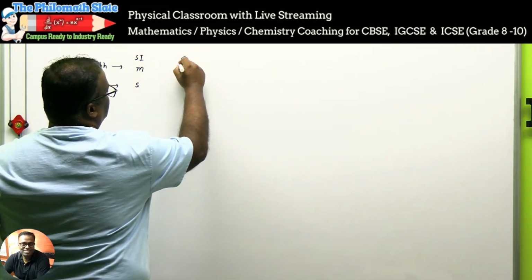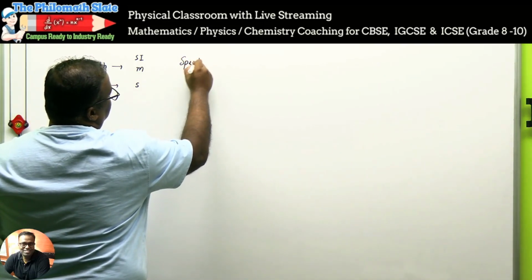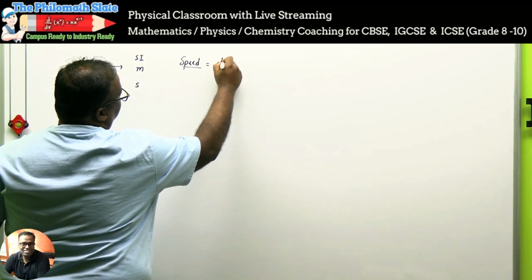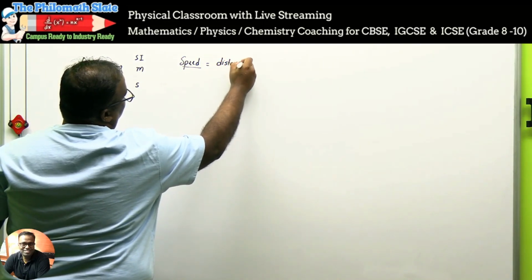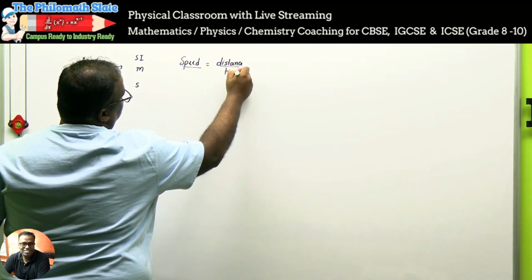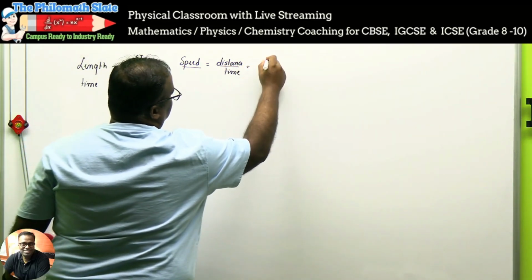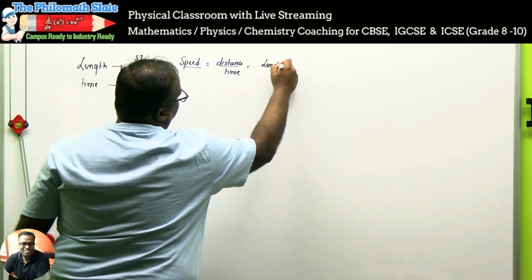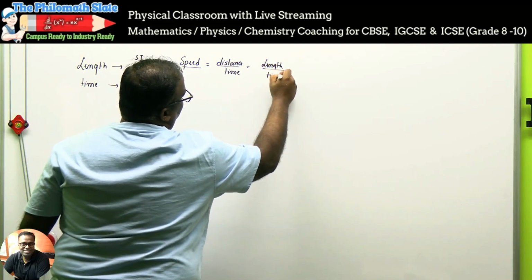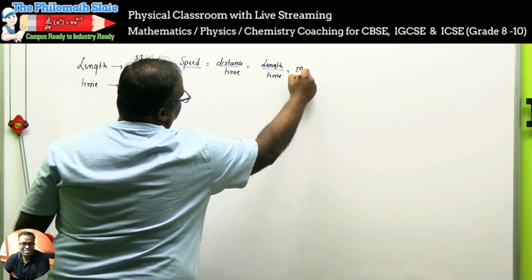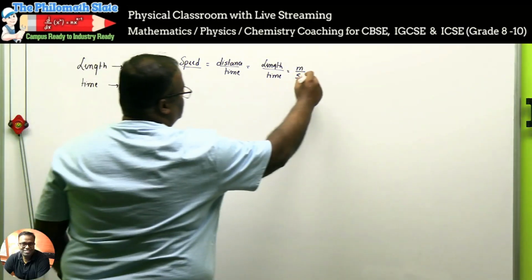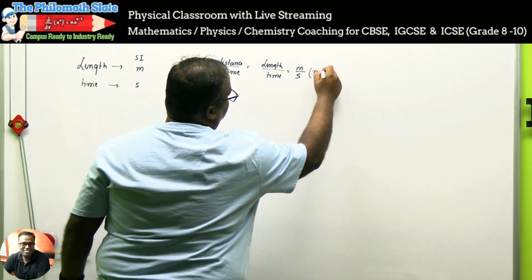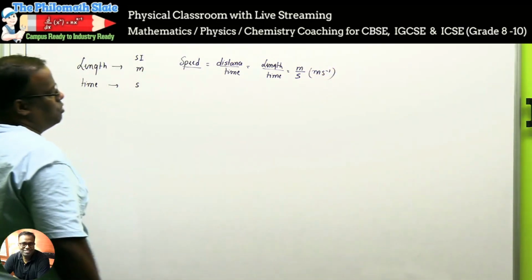Now, you would be encountering a quantity called speed, and speed is the ratio of distance over time. So what is the ratio of distance over time? Your distance is nothing but some sort of a length measurement, and time is time. So ideally, your SI unit should be m/s, that is meters per second, written in this manner, or in the exponential order in this manner.